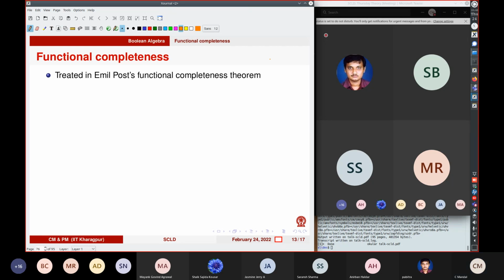We have seen that in some cases certain subsets of functions are functionally complete, but we noted that if you are given a set of functions which are not functionally complete, then it's not so easy to show that those are not functionally complete.